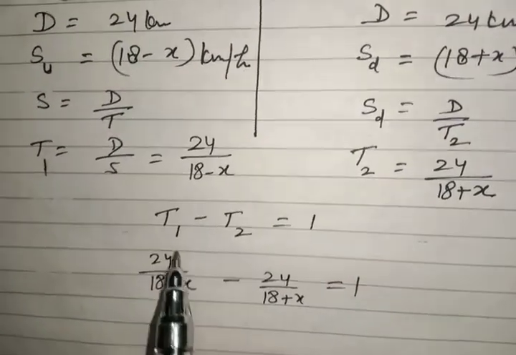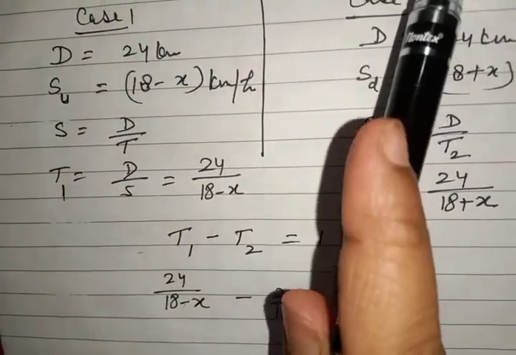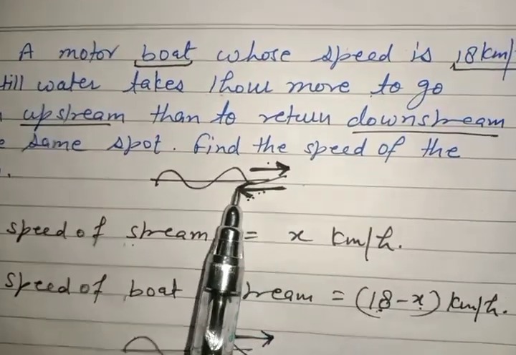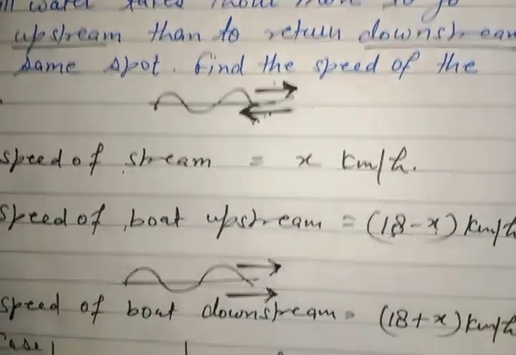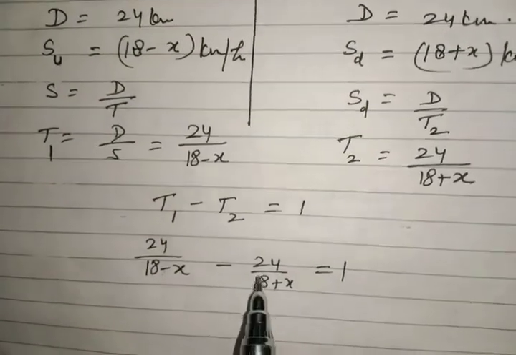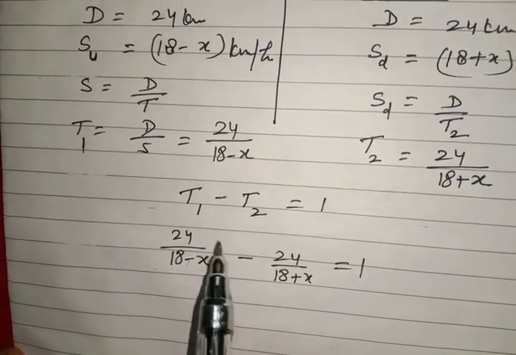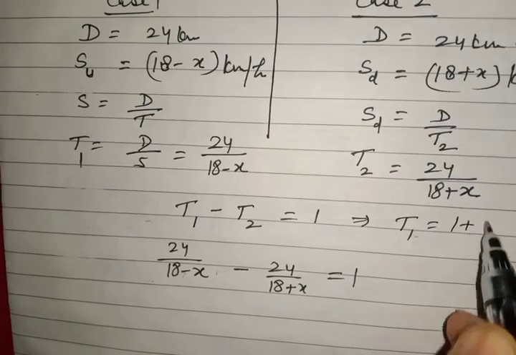It takes 1 more hour, and it is obvious also that if it is going upstream, the speed of water and speed of boat are in opposite directions, so it takes 1 hour more. You can write this also, that time is more in case of upstream. So you can write this equation in this form also: T1 is equal to 1 plus T2.